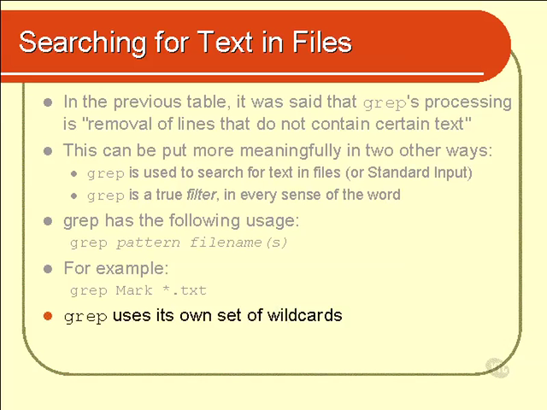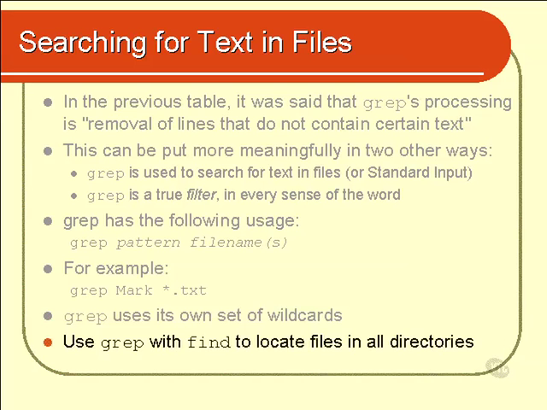Finally, oftentimes when you're trying to search for text, you want to search for it through a great big set of directories and subdirectories. You might even want to search the entire computer for all files in any directory that contain the text you're looking for. If that's what you're trying to do, then you could use grep in conjunction with find, and I'll just show you briefly how you might do that.